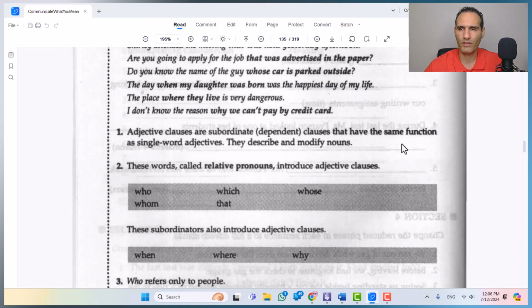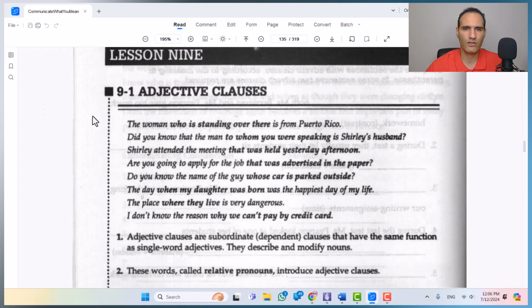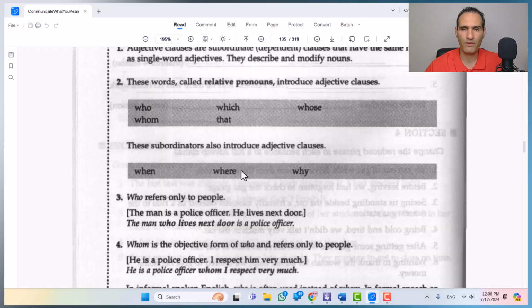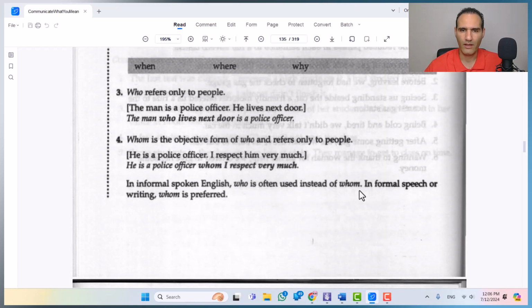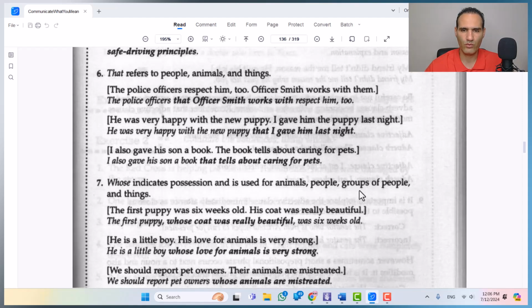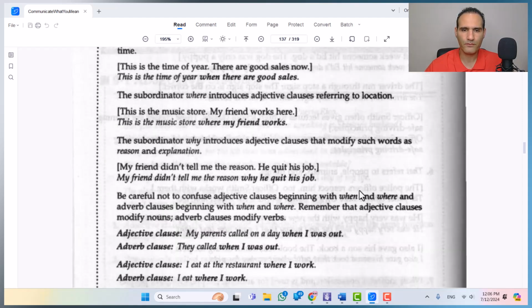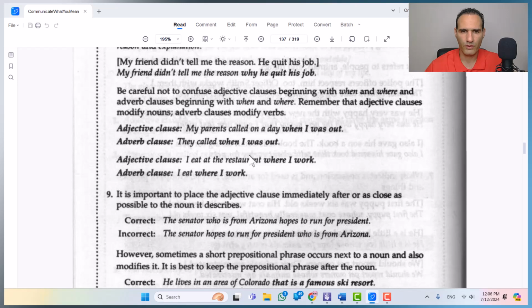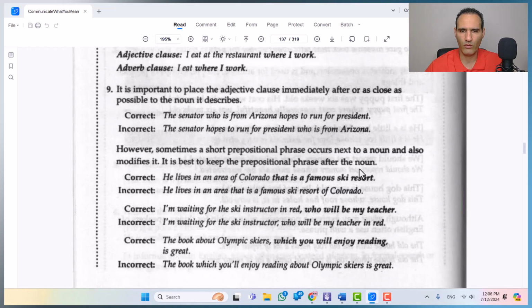As you remember, in video 25 I started introducing the adjective clause and talked about these relative pronouns, who, whom, which, that, whose, and these, when, where, why, that, all of them with the examples we talked about. And also we talked about the distinction between the adjective clause and the adverb clause in the previous video, you can go and watch it.